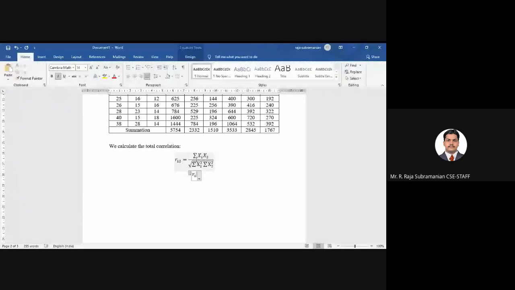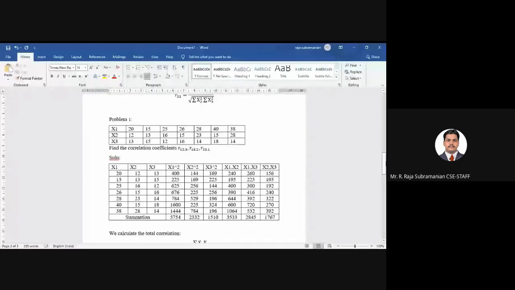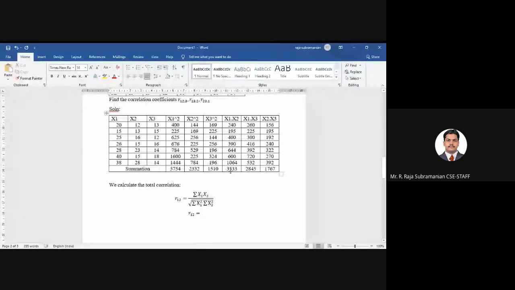We have this x1 and x2 here, 3533, and square. So instead of x1, x2, we substitute the value of summation x1, x2, 3533.